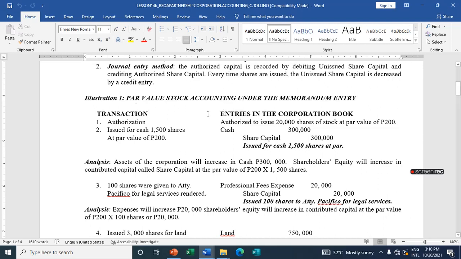Here we have the transactions and the entries in the corporation's books. How do we make the entry? In number 1, authorization, the authorized stocks are 20 shares of stock at a par value of 200. In the transaction to issue for cash, 1,500 shares at a par value of 200 pesos.